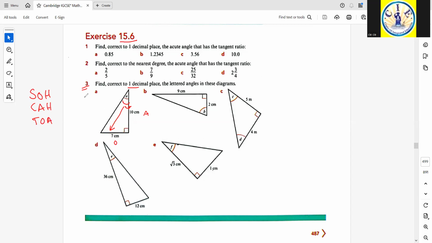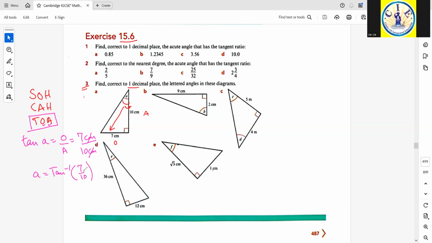As it is evident from the formula, I should be using tangent of the angle A, that is equal to opposite side divided by the adjacent side. The values are 7 centimeters divided by 10 centimeters. So this gives A equals tangent inverse of 7 by 10.